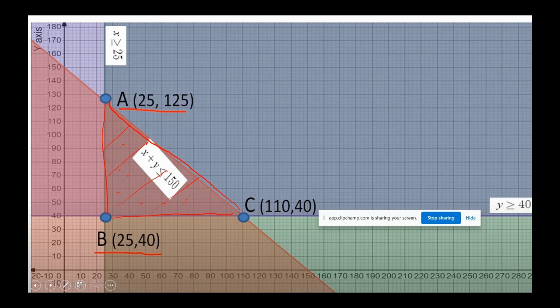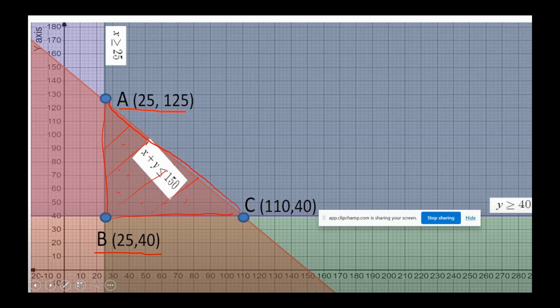But our question is not which points, because there are an unlimited number of points here. There are three vertices, so there are three points, and of these three points, which one will optimize the solution? When we say optimize the solution, we mean which point will maximize the profit.